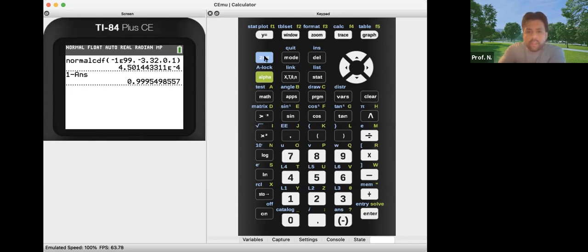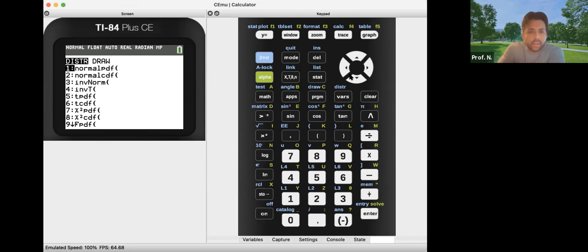Now let me see if we can actually find the exact probability using the binomial. So we can find the CDF. This was 1 minus the probability up until 9. The number of trials was 40, the probability here was 0.5, and the X value that I'm going up until is 9.